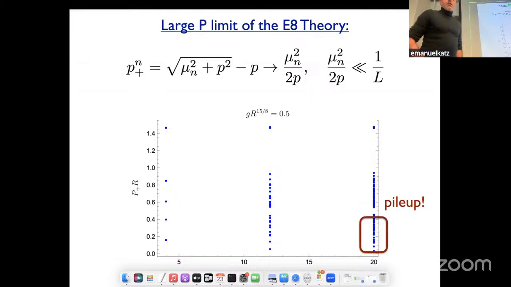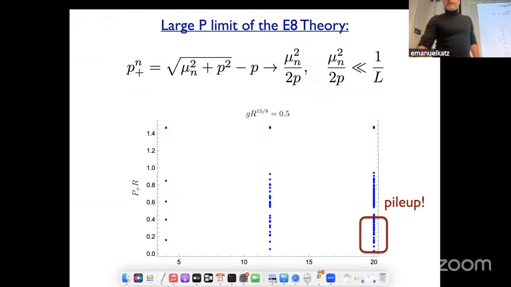And so here's why I want to suggest that this large P limit is in fact a kind of effective theory. That's because we have a pileup, right? And all the spectrum is crashing to be less than the characteristic scale 1 over L.